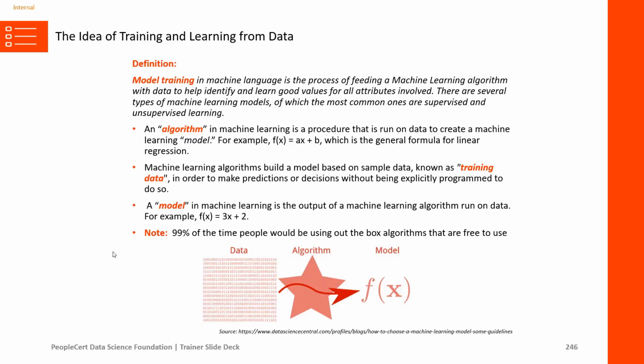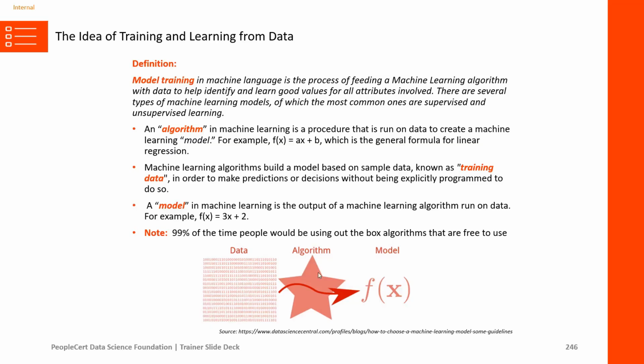So now let's look at a model. A model in machine learning is the output of a machine learning algorithm. So you have a machine learning algorithm, which, as I said, is a kind of linear regression program. As examples, you can have linear regression, you can have bivariate regression, you can have classification, you can have multiple others. So these are the various algorithms which can be used in machine learning.